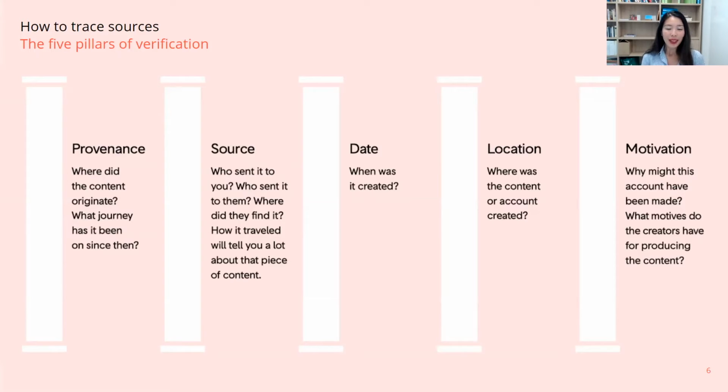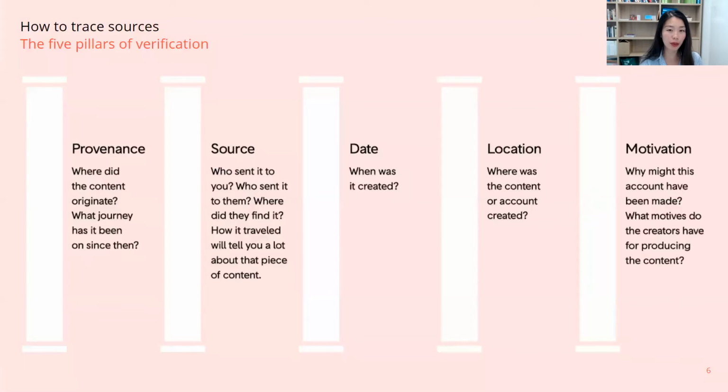Cool. So obviously today we're talking about source, but then I just want to highlight again the importance of provenance, which means we are looking at the original piece of content, right? Because it's kind of pointless to look at the source and date and location when you're actually not looking at the original piece of content. So when it comes to source, we want to make sure that the person that we're trying to identify is the person who created the piece of content.